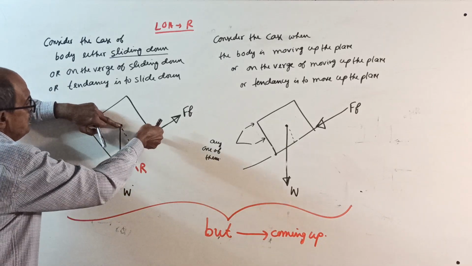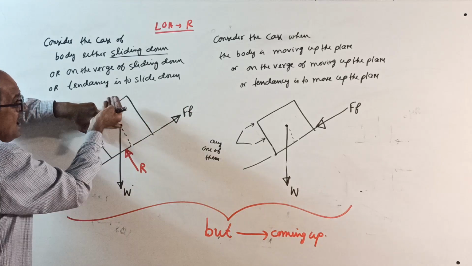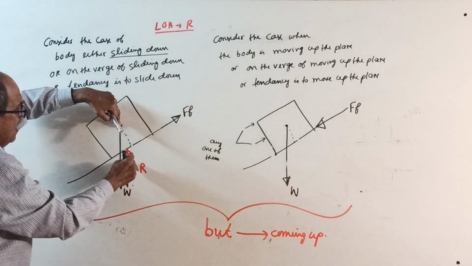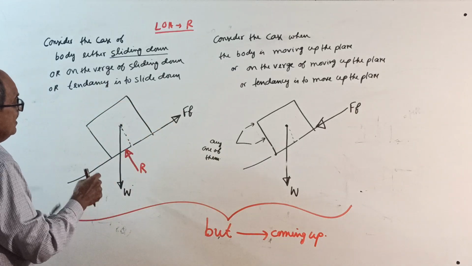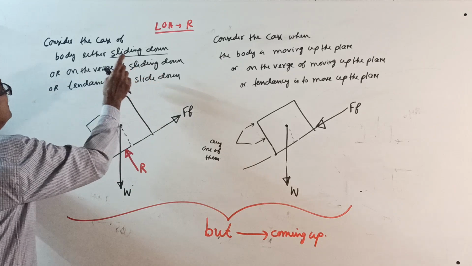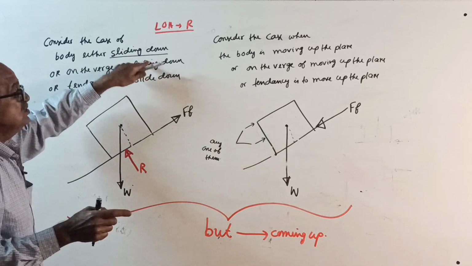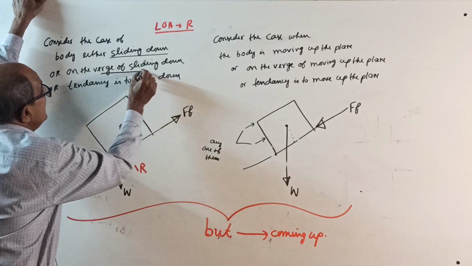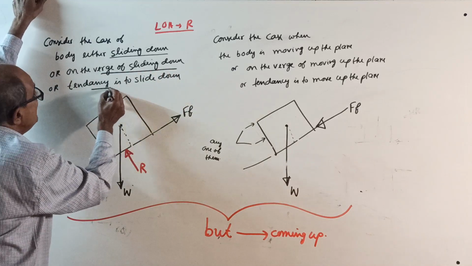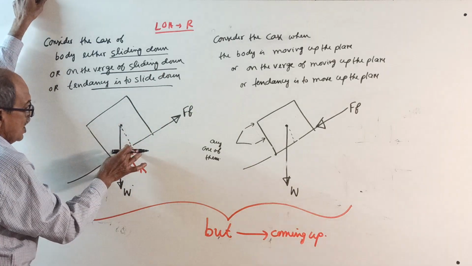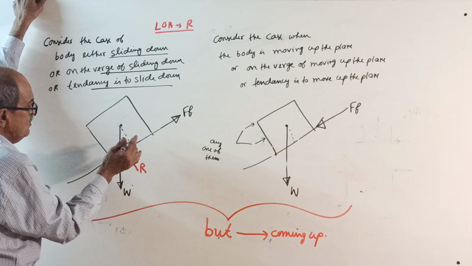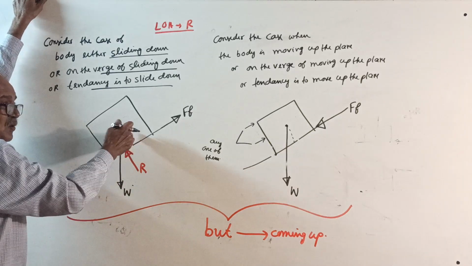Now, Ff into this distance is anti-clockwise, R into this distance is clockwise. So if the body is sliding down or on the verge of sliding down or the tendency is to slide down, in the question you can make out, the normal reaction line of action will be slightly downside.